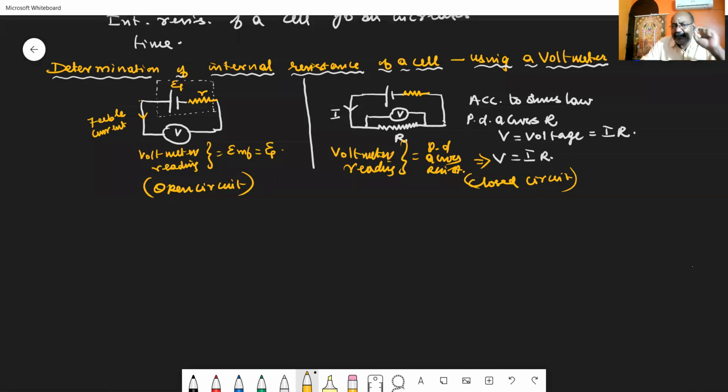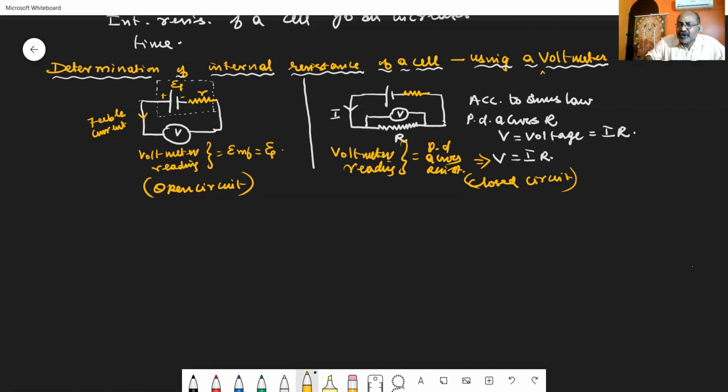So we are going to determine the internal resistance of a cell using a high resistance voltmeter. Consider a cell having an EMF E, with a positive terminal and a negative terminal, and internal resistance small r. Initially, you connect a high resistance voltmeter directly across the cell.